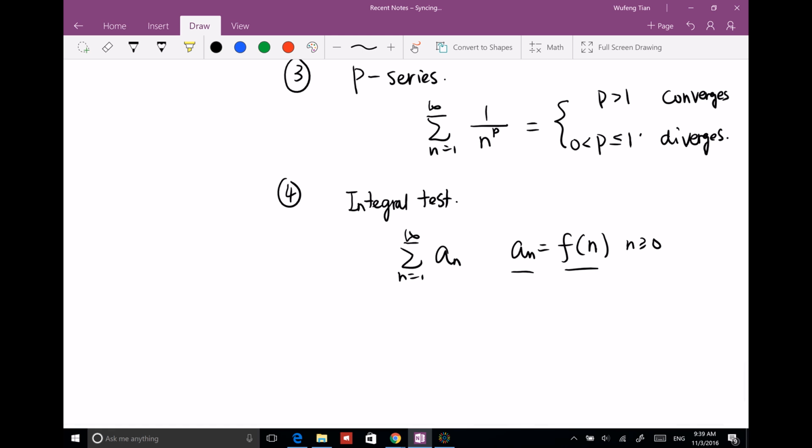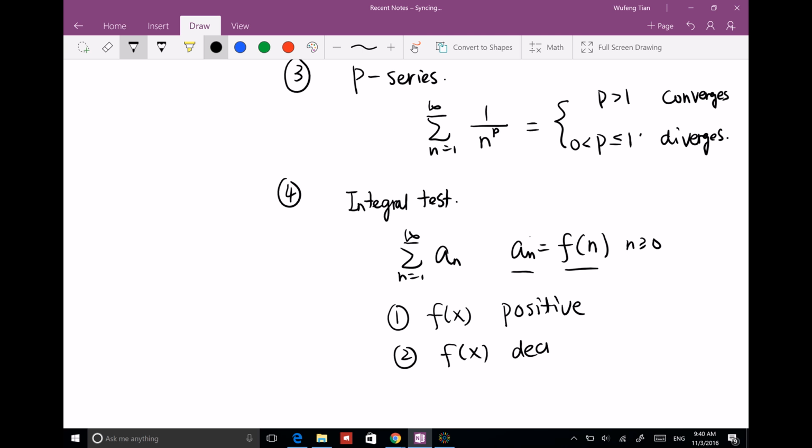So what do we need for the integral test? f(x) must be what? Jasper? Positive. Very good. Second, f(x) decreasing.